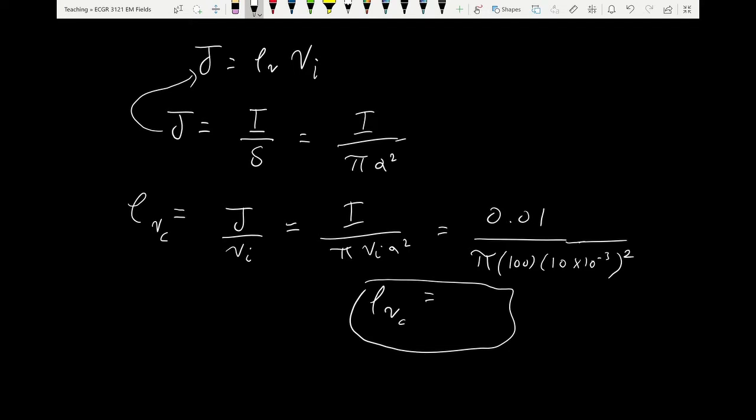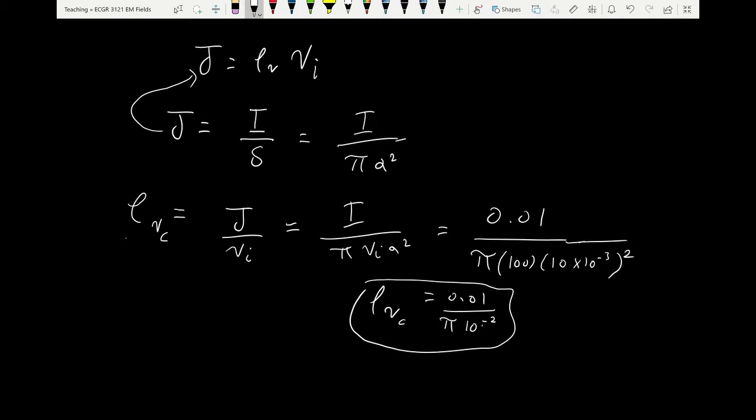Okay, yeah, so this is 0.01 over pi, and this is 10 to the power minus 6 times 100. 100 times 100 is 10 to the power 4, times 10 to the power minus 6. It's 10 to the power minus 2, I believe.